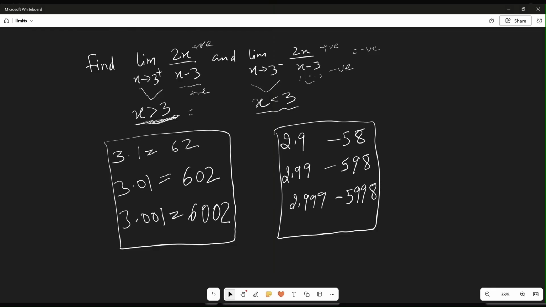So looking at the solution for this problem, as you can already tell, the limit for this function as x approaches 3 from the right, or you can say larger than 3, of 2x over x minus 3, is equal to positive infinity.